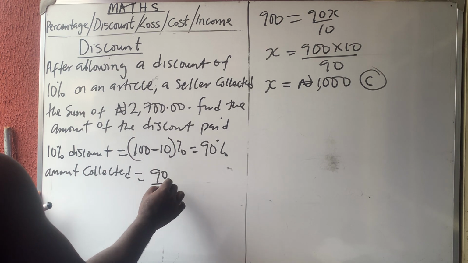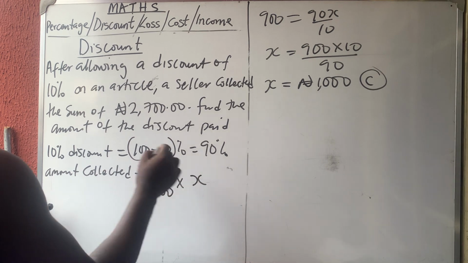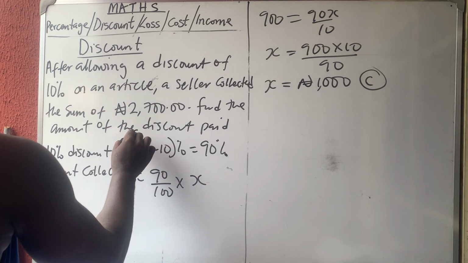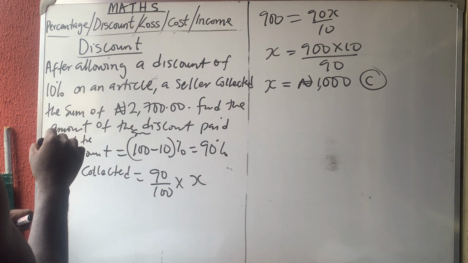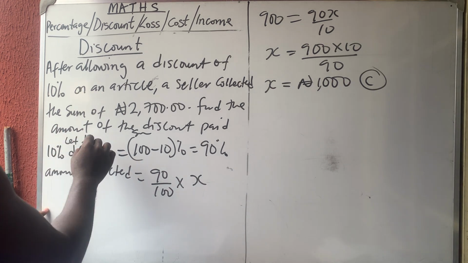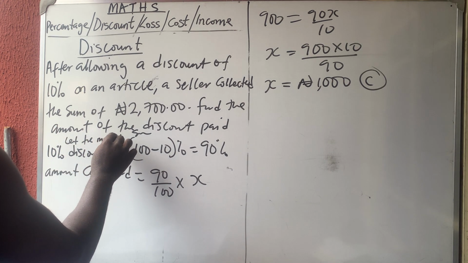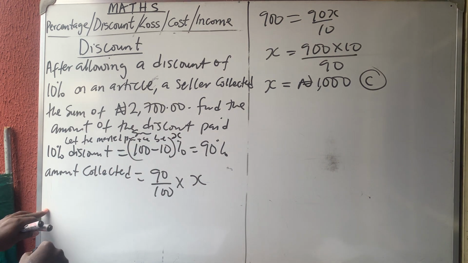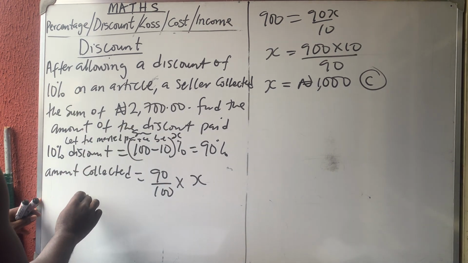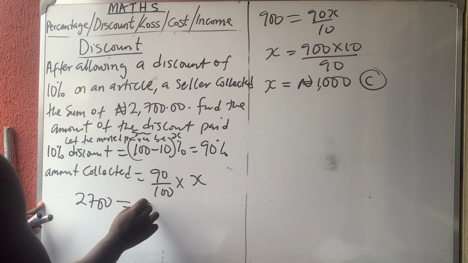So 90 over 100 times the total money x. So let's say solution. Sorry, you have to say let the fixed price or the marked price be x, please. Very, very important. So the amount you collected, which is 2,700, is equal to what?